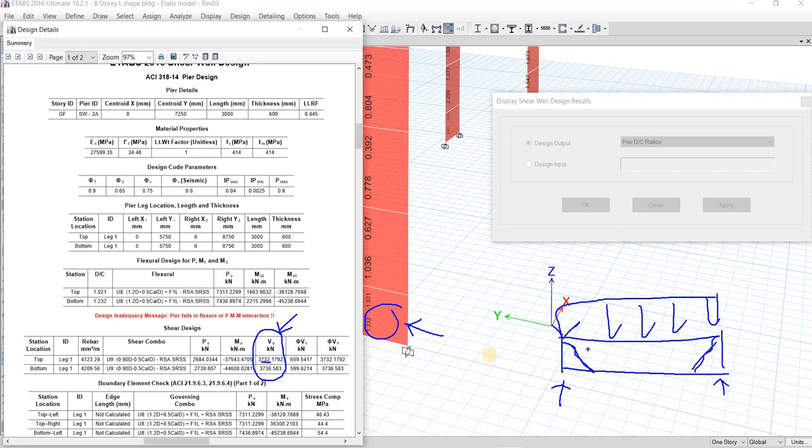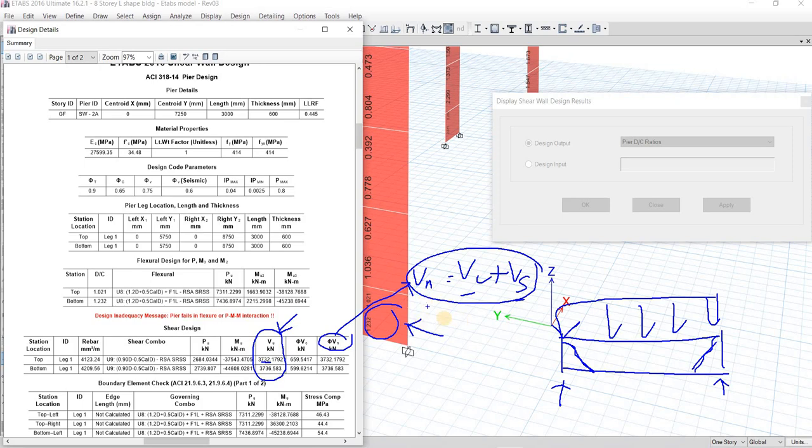So what is the capacity of the section? The capacity of the section is Vc plus Vs. So this is for the concrete and for the steel, but this will be equivalent to Vn. So we are talking about this Vn.